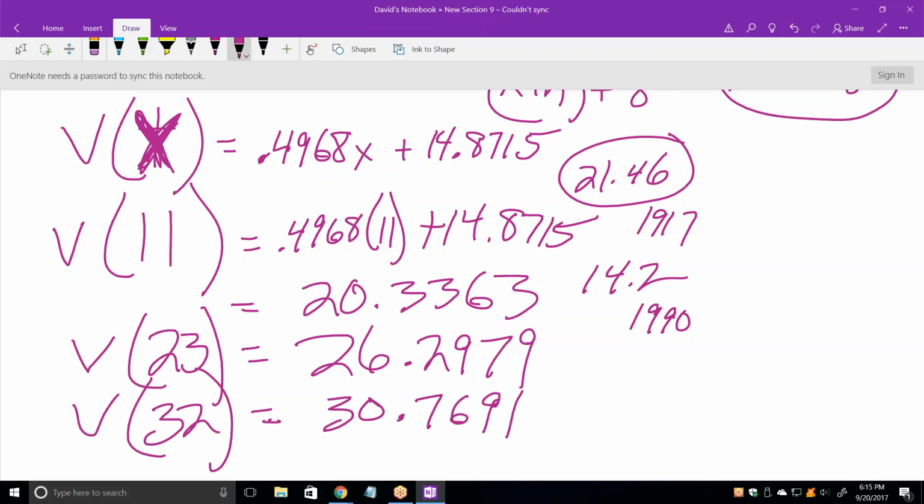So I'm going to add 5.4648 to 14.8715, which equals 20.3363. Got the same thing you did.